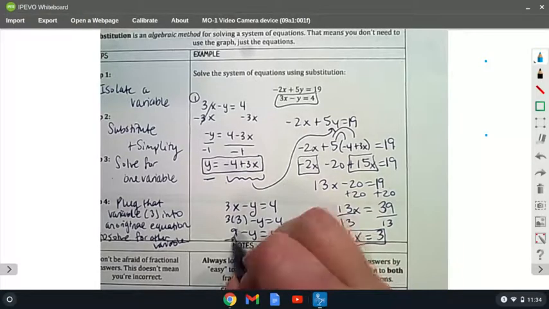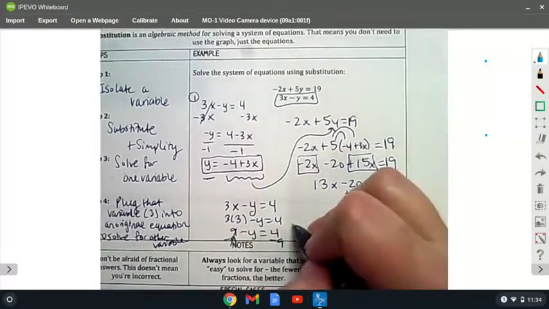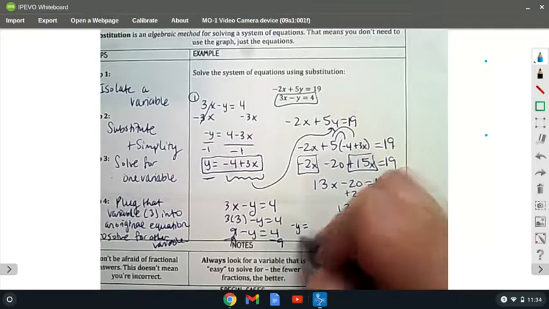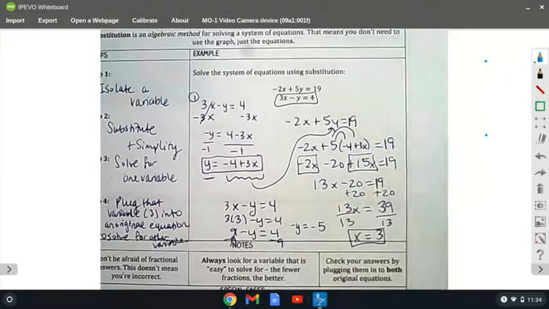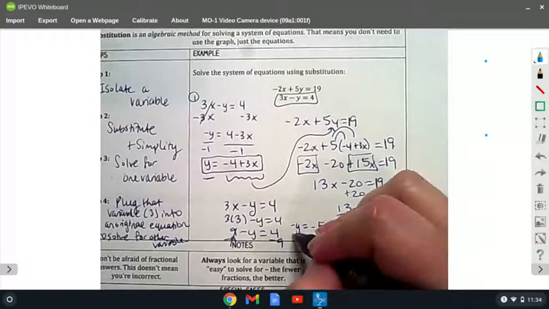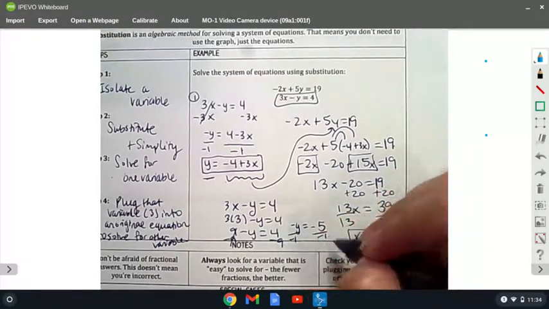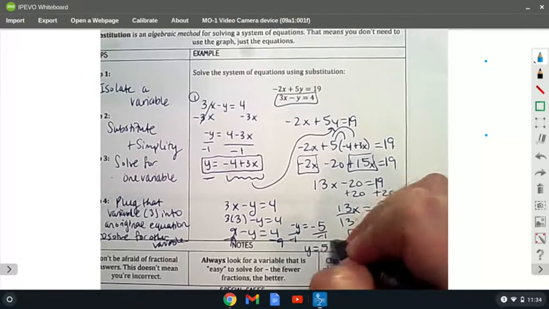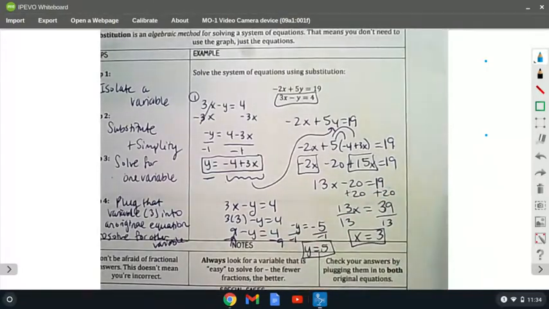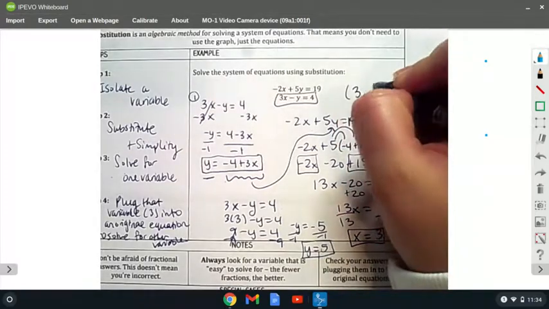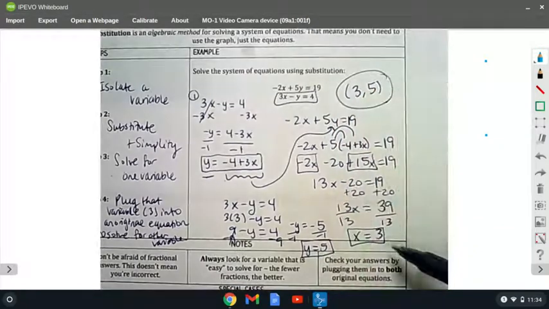And then I'm going to subtract 9 from both sides. I'm left with negative y equals 4 minus 9 is negative 5. Now, we don't want to have a negative y. We want a positive. So you could divide or multiply by negative 1. And you get y equals positive 5. So now your solution should always be written as an ordered pair. (3, 5), because 3 is our x, 5 is our y.